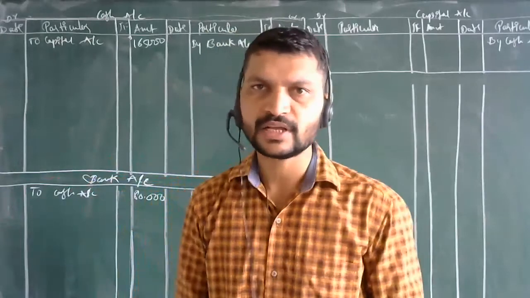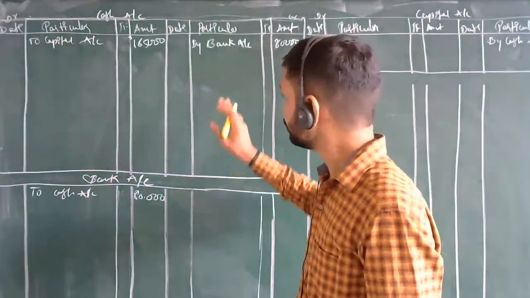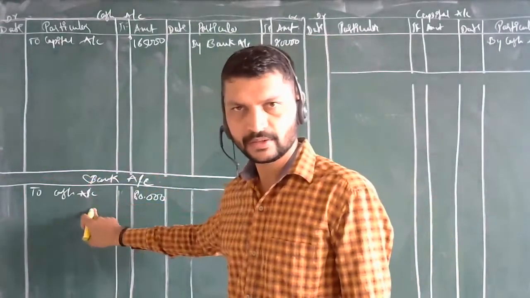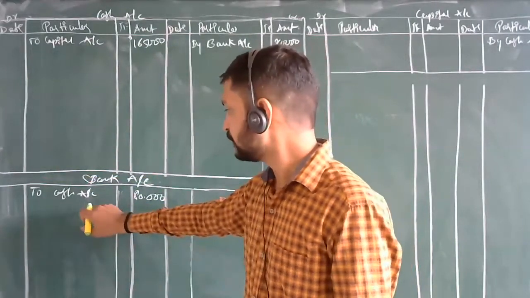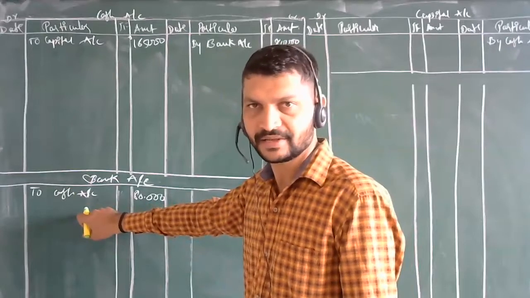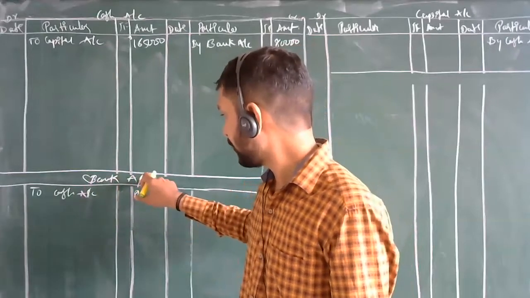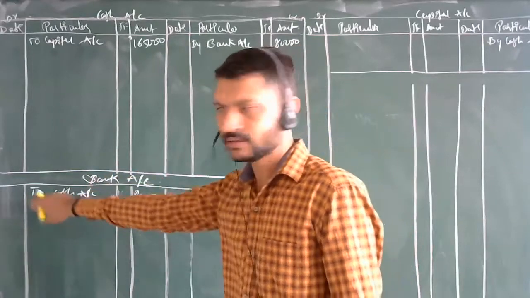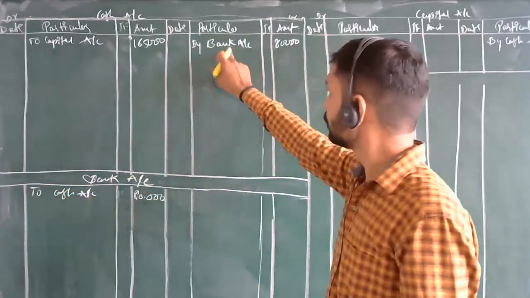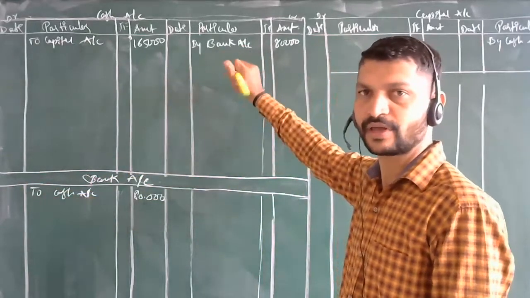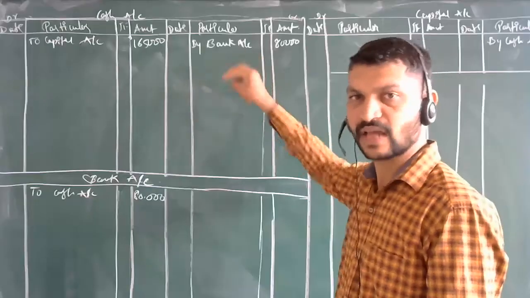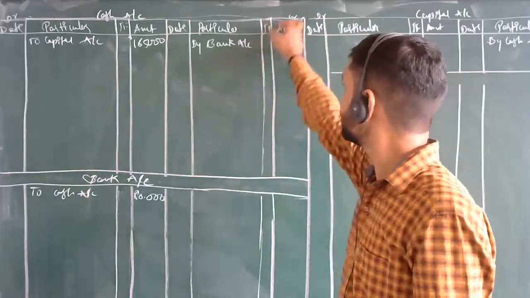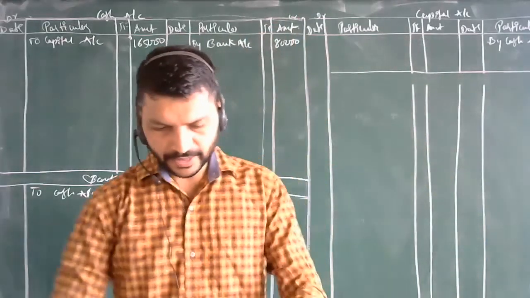Two accounts are getting affected. Your bank account is debited, means you are bringing an asset in bank, so there is an increase in assets. So bank account is debited, debit side, and cash account is credited, means your cash is going out, you are reducing the cash asset, so it is credited over here. So second entry got over.